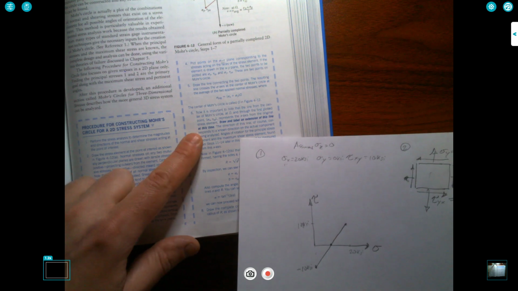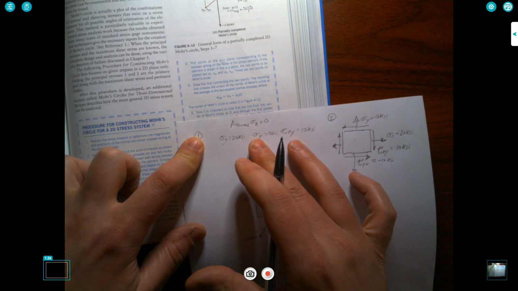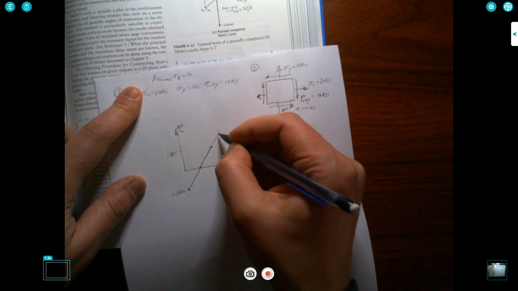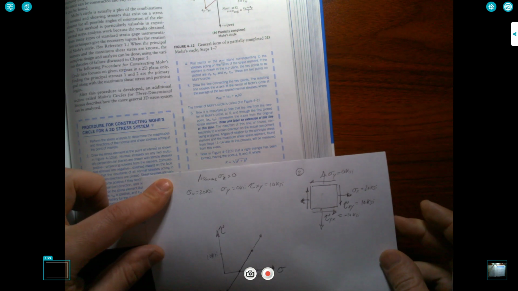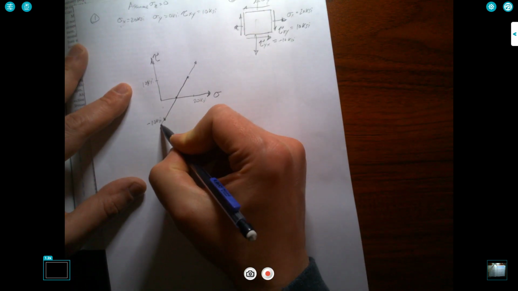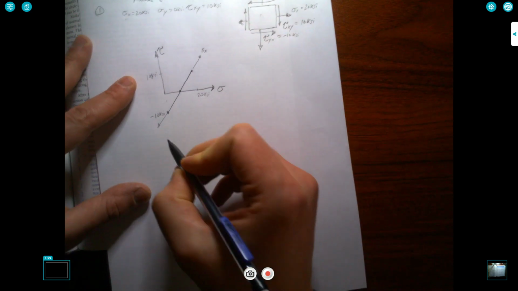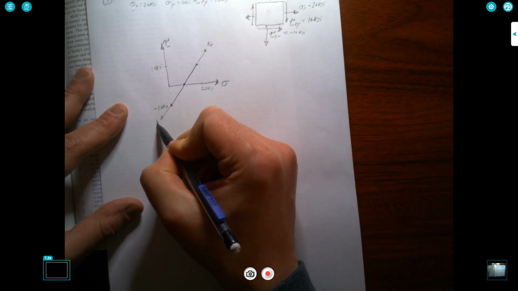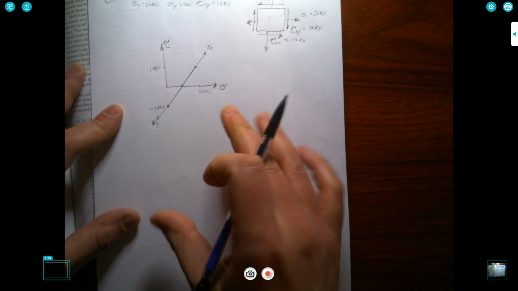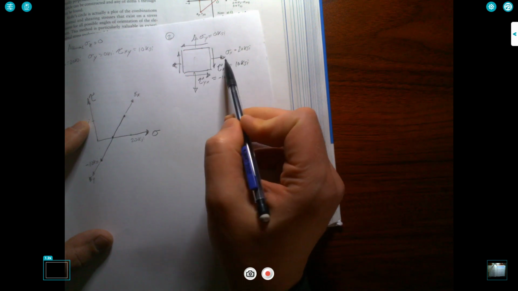So we want to realize that the center of Mohr's circle, O, is on the line through the first plot point, sigma x, tau xy. This line is representing our normal stresses, sigma x, sigma y. And that's going to be our sigma y value and sigma x value, right?